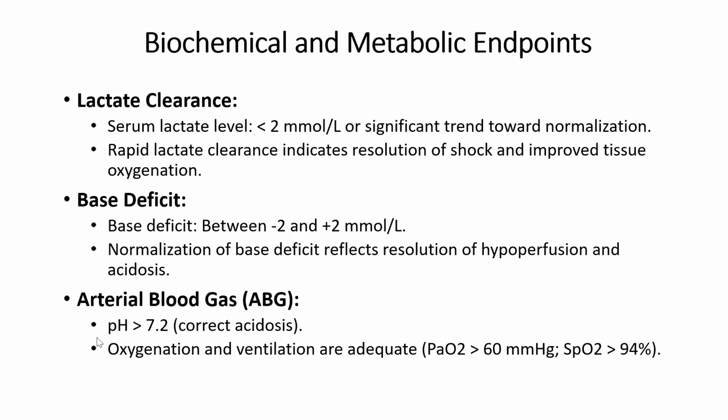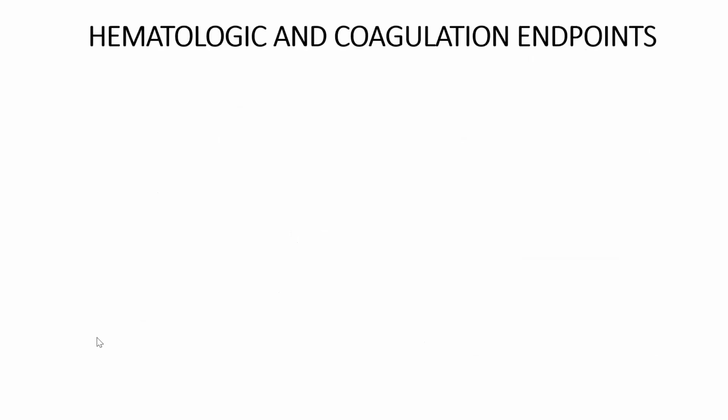Usually patients with trauma-induced coagulopathy would be requiring some amount of ventilation. Just oxygen if it's a smaller type of injury. If it is a severe injury, probably they might even be on mechanical ventilation. So at that particular time, your oxygen targets should be roughly over 60 millimeters of mercury with a saturation of more than 94%.